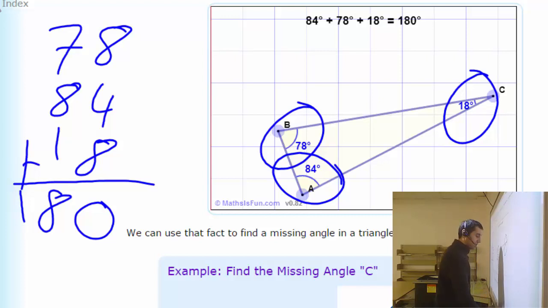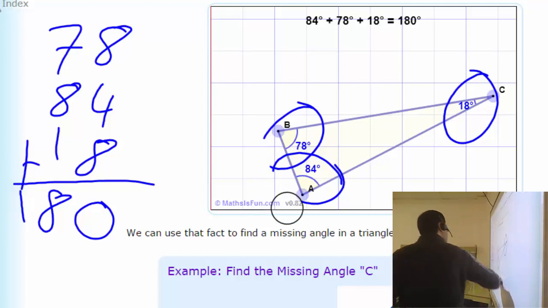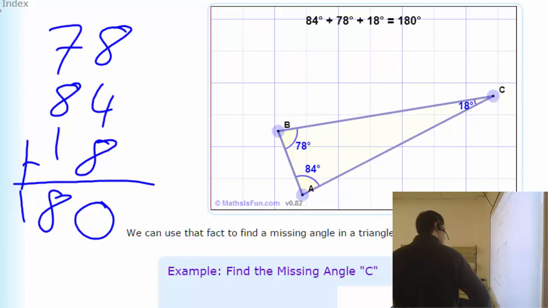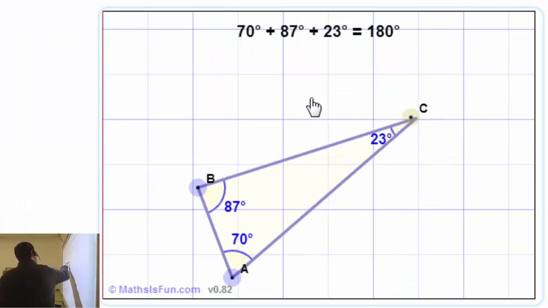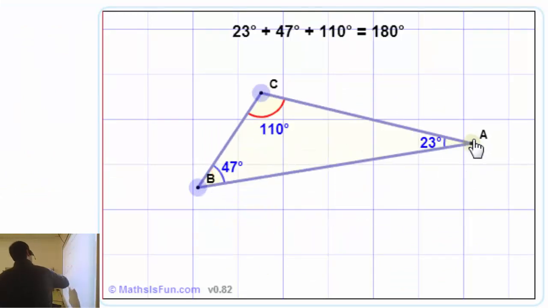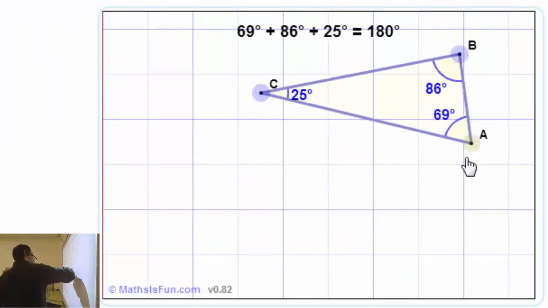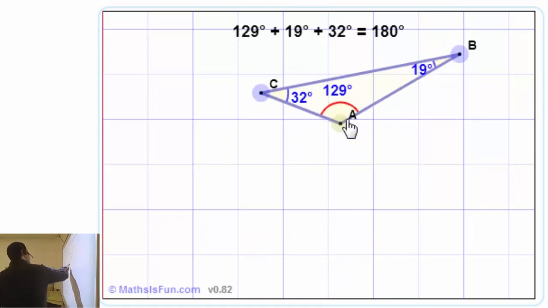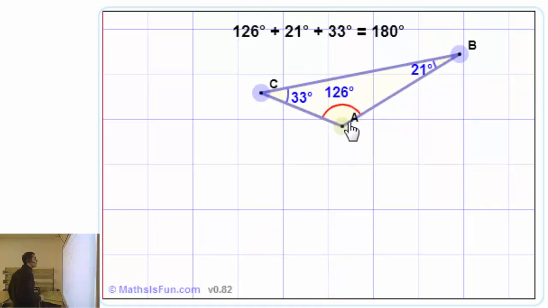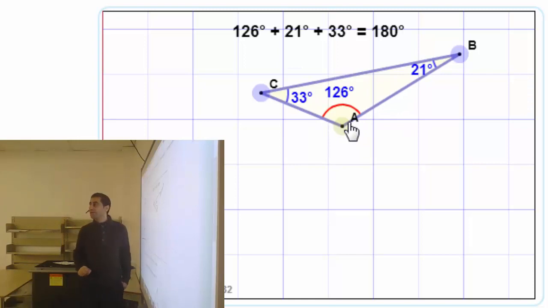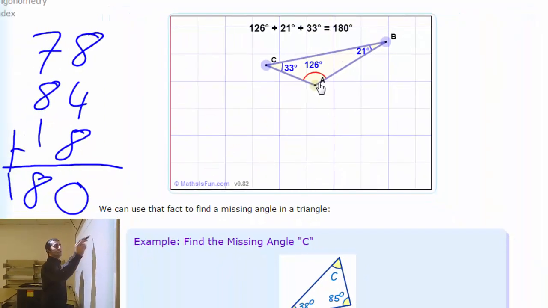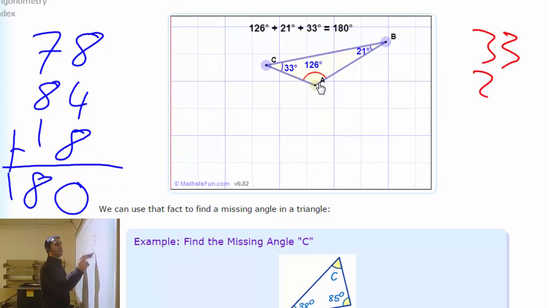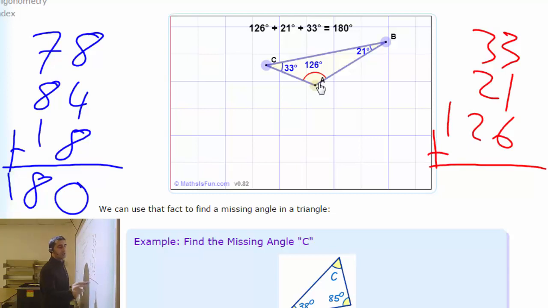And let's change it. Let's bring this here. Let's bring that. Let's turn this upside down. Let's bring it closer. It doesn't matter what you do. At the end, you will always get 180 degrees. So 33, 21, 126. Add those three numbers, you will get 180 degrees.